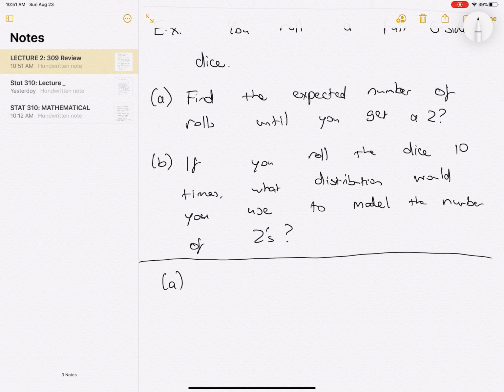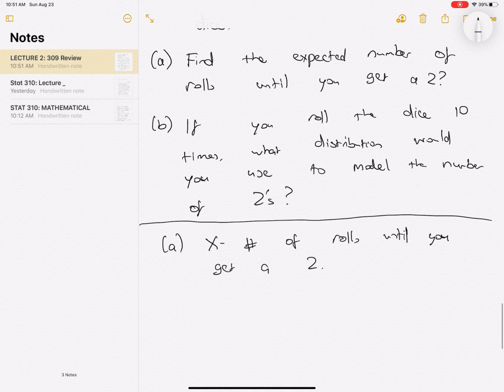Okay, so we want to find the expected number of rolls until we get a 2. To put this into a formal framework, we say X is the number of rolls until you get a 2.